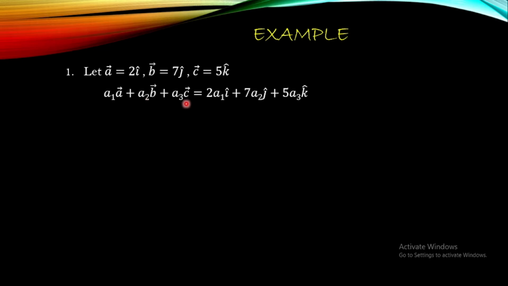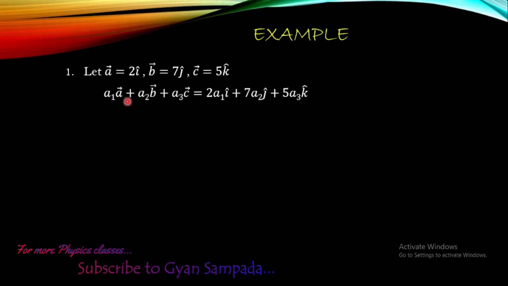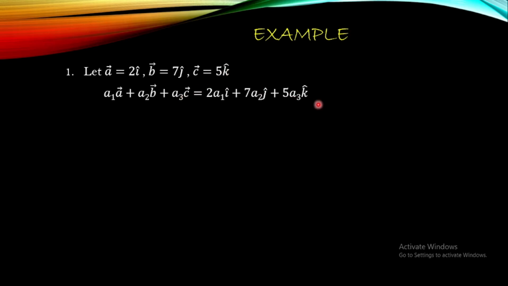Here a1, a2, a3 are the coefficients associated with the vectors A, B and C respectively. So in place of vector A, we will substitute 2i cap, in place of vector B we substitute 7j cap, and in place of vector C we substitute 5k cap. To check whether it is a linearly independent or dependent case, this equation has to be equal to 0.